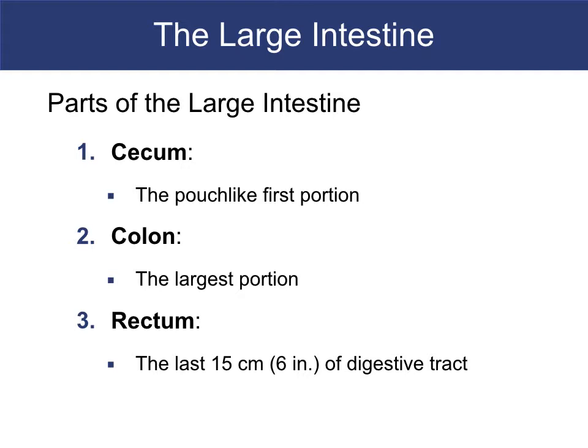And this lowest 10 centimeters or so is the rectum. It's named the rectum because it's straight. Remember, rectus abdominis and rectus muscles in our eye and all that stuff. Pretty interesting, isn't it? Okay, so there you go.